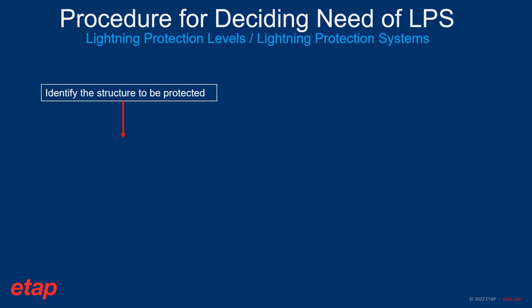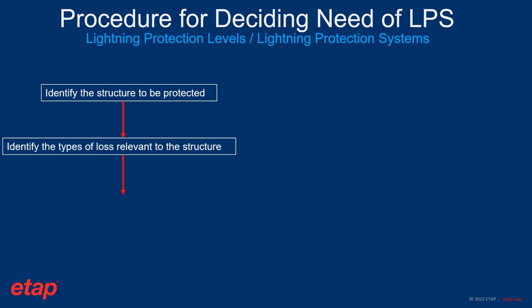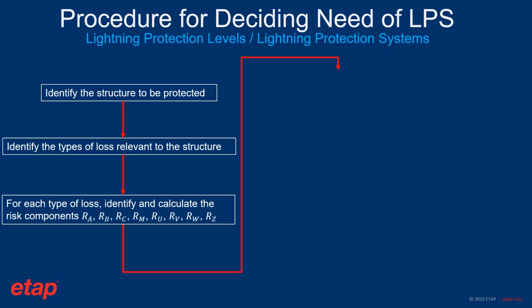To begin with, we identify the structure that needs to be protected, and we identify the types of loss relevant to the structure, which includes the coefficients that I just explained. And then for each type of loss, we identify and calculate the risk components. The risk components mentioned here are available in Table 6 or Section 4.2.2 of the standard.